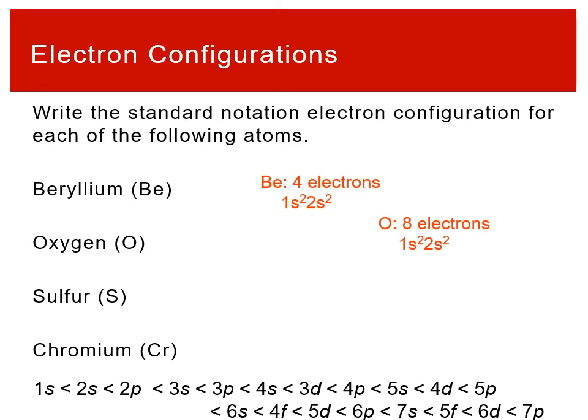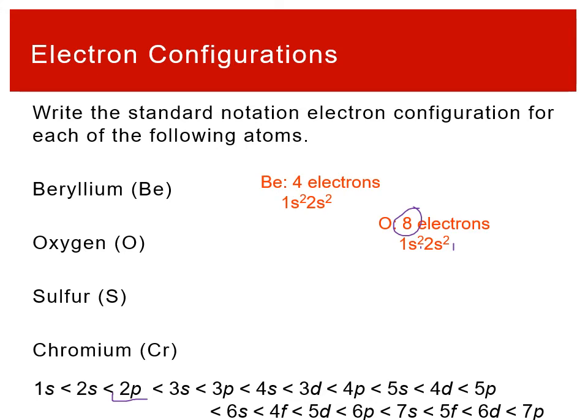So the first 4 electrons of oxygen go into the exact same subshells because we're asking the exact same questions. We get the same answers. But now my 2 and 2 does not equal 8. So I have some more electrons that I need to assign, and that's where I go to the next highest energy, which is going to be 2p.